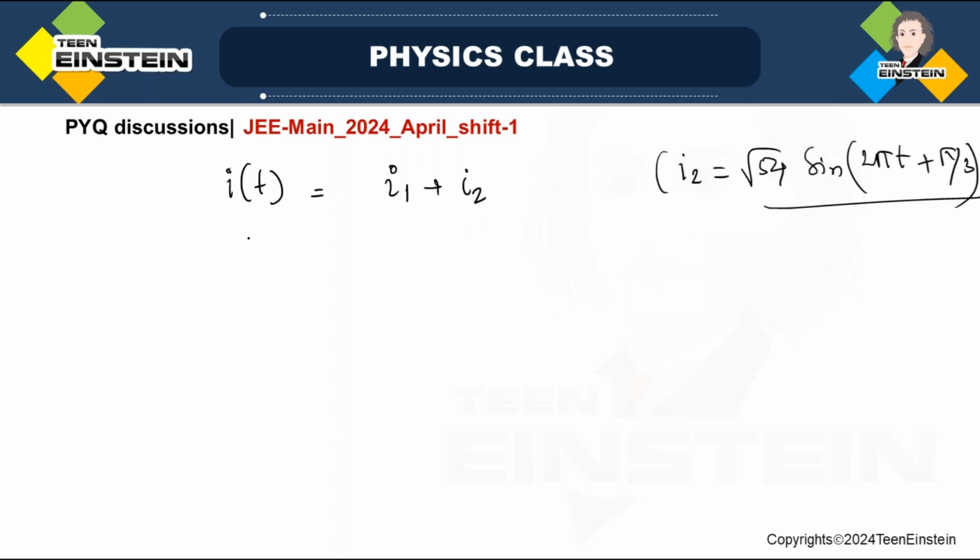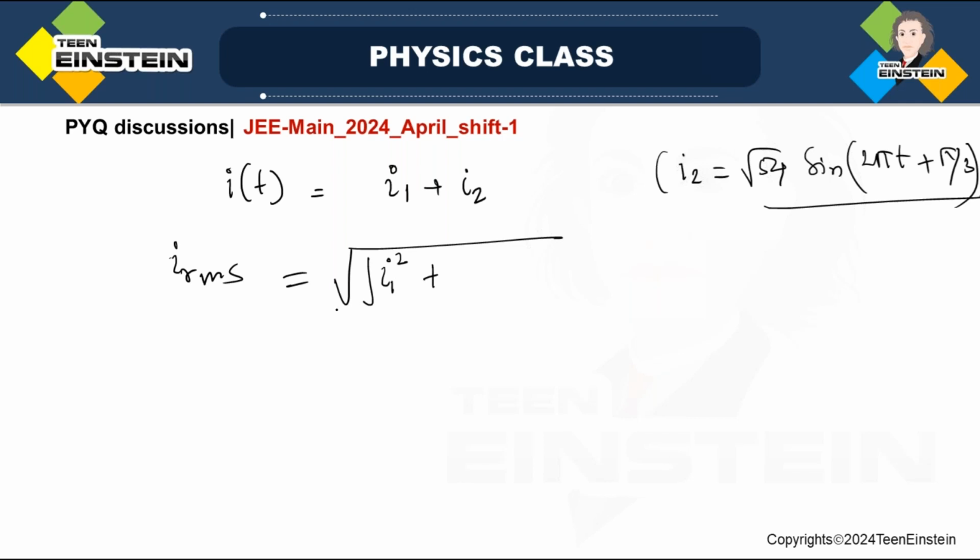So I know in this case, IRMS is the square root of I1 square plus I2 square. So this is integration.